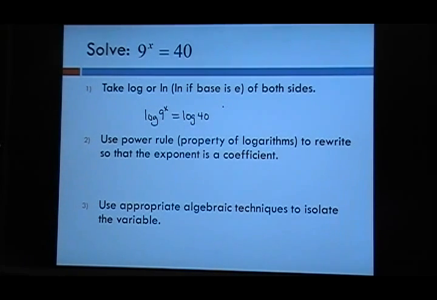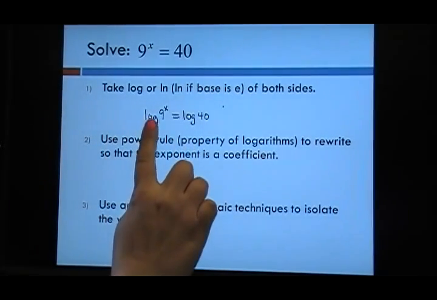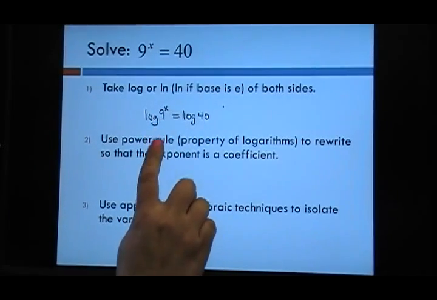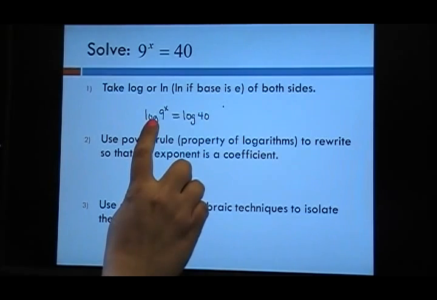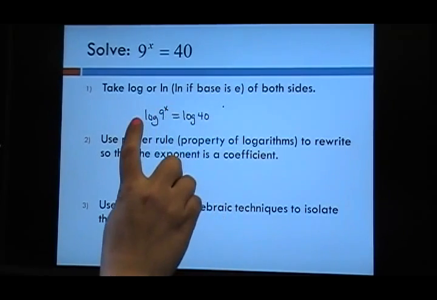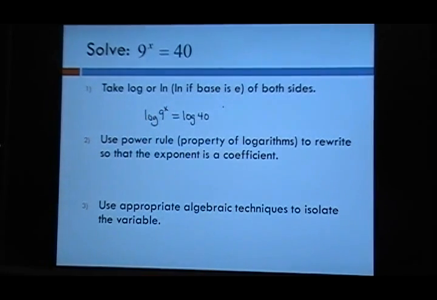Okay, so moving on from here, having these logs then allows me to use my power rule, which says that if we have a logarithm where the argument is raised to a power, then we can simply rewrite it with that power pulled down as a coefficient. And so log of 9 to the x is the same as x times the log of 9.